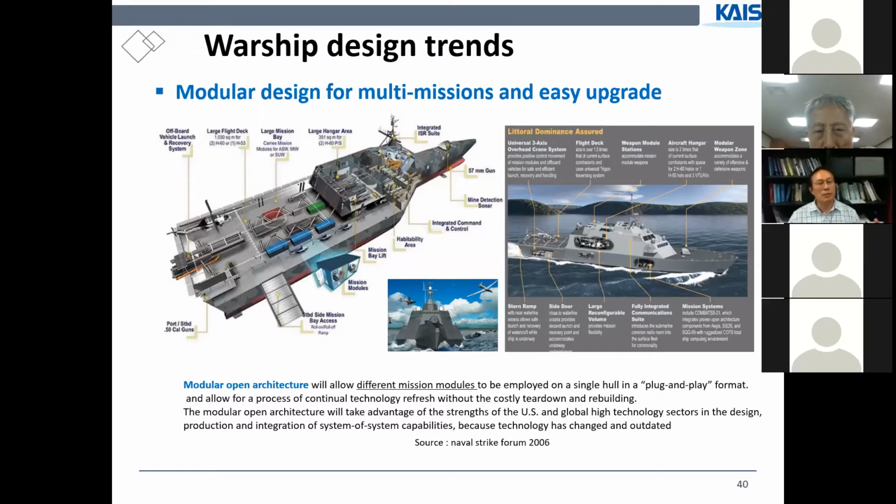Hangar means the helicopter house, and the integrated ISRs and guns and the habitability areas. The habitability area is also adjustable according to the number of crew and the operation men and mission bay. Mission modular. This is very convenient.